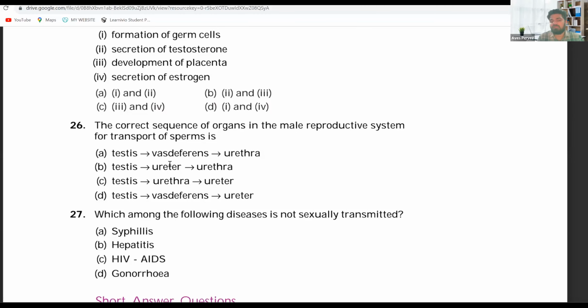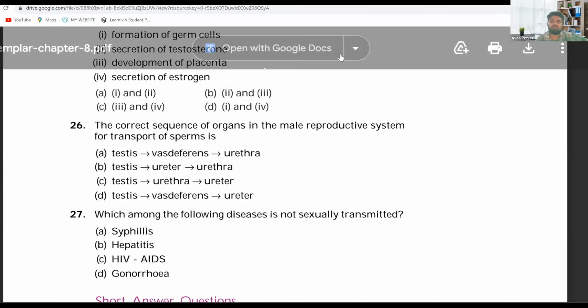Ureter is not a part of the reproductive system. Ureter is the vessel that brings the urine from kidney to the urinary bladder. A is the correct answer.